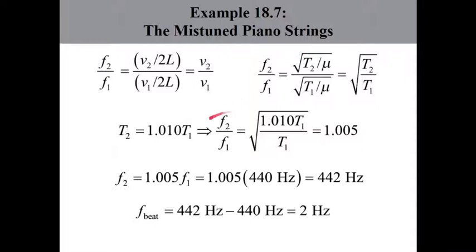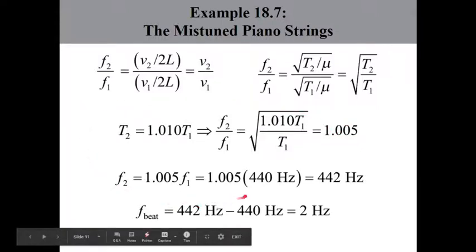And anyways, what you end up getting is that the frequency on a string is proportional to the square root of its tension. So if the tension on one string goes up by about 10% here, well, in this case, it will be 1% actually, then the frequency only goes up by a square root of that. So actually, the frequency only goes up by a half of a percent. So if that's true, then the frequency has only increased by 2 hertz.